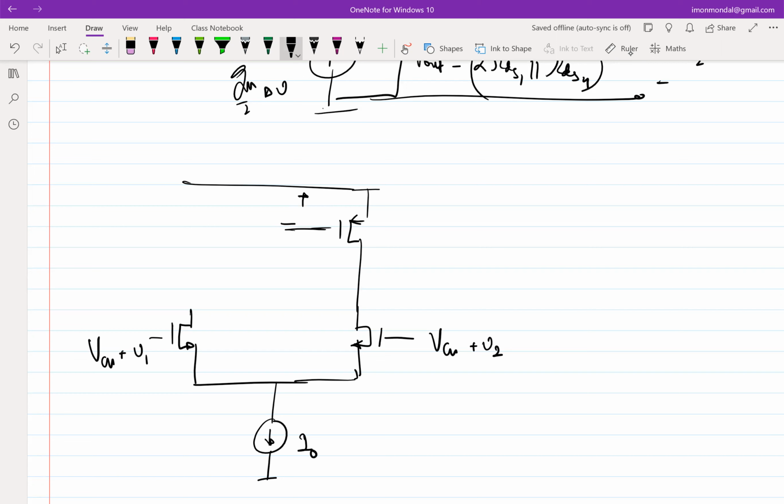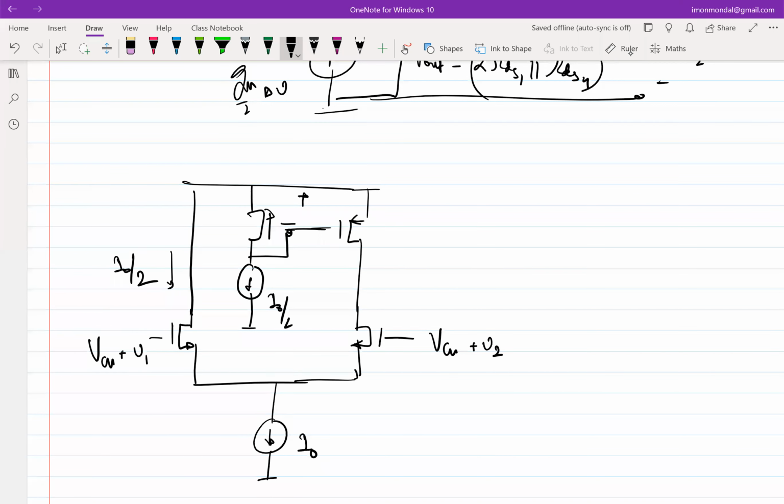So you had this, which was I0 by 2. This was getting mirrored to the MOSFET on the right. But we notice that this current is also I0 by 2.